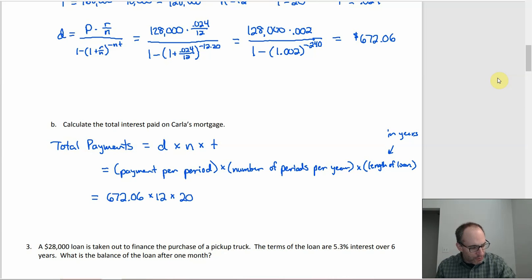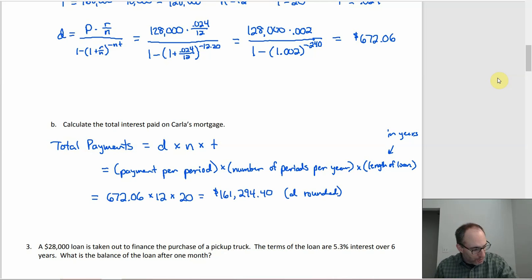If you have that rounded, what you'll get is 161,294.40. And this is with D rounded, because that 6 cents is rounded off.